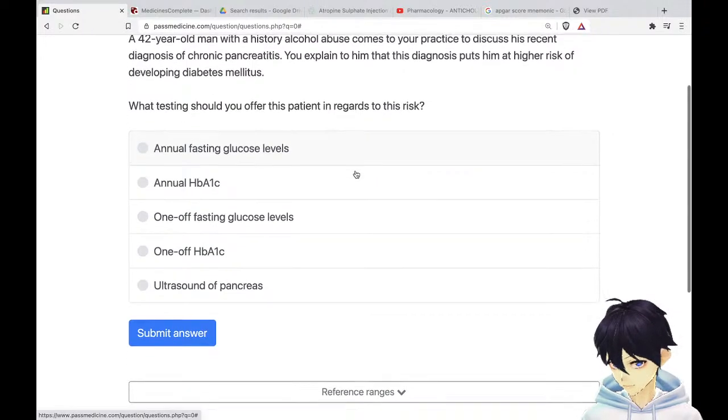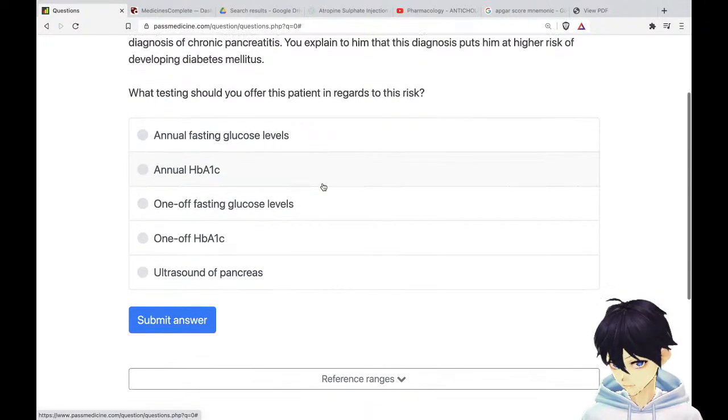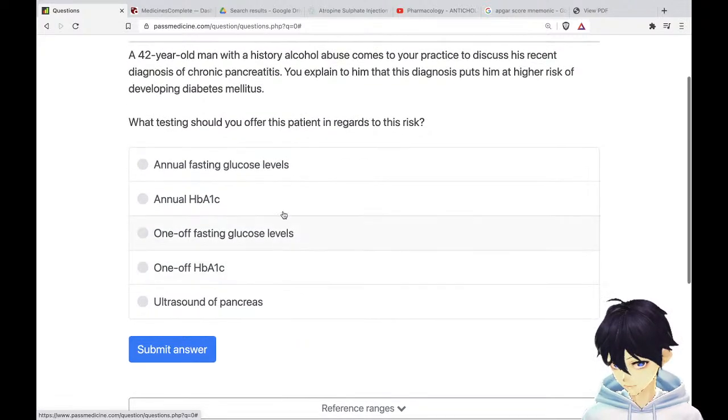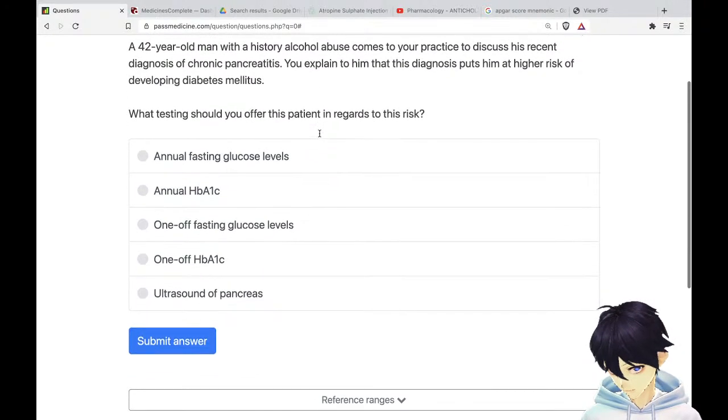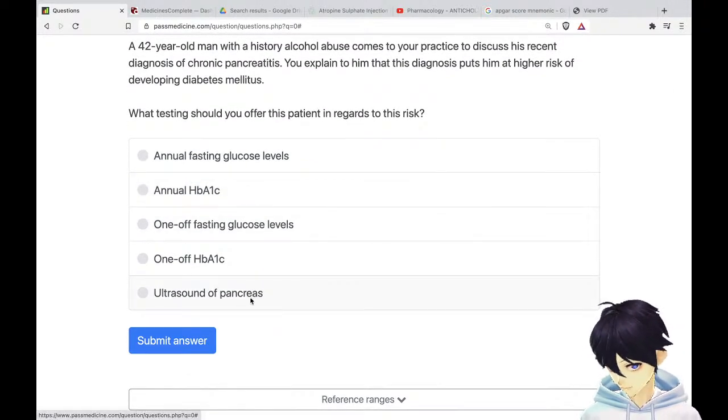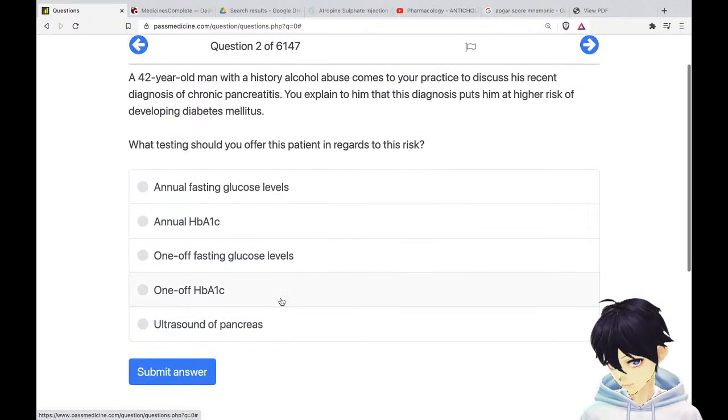Annual fasting blood glucose, annual HbA1c, one-off fasting glucose, one-off HbA1c. I would choose the annual ones over the one-off ones because his chronic pancreatitis is not going away. Ultrasound of the pancreas wouldn't tell if you have diabetes.